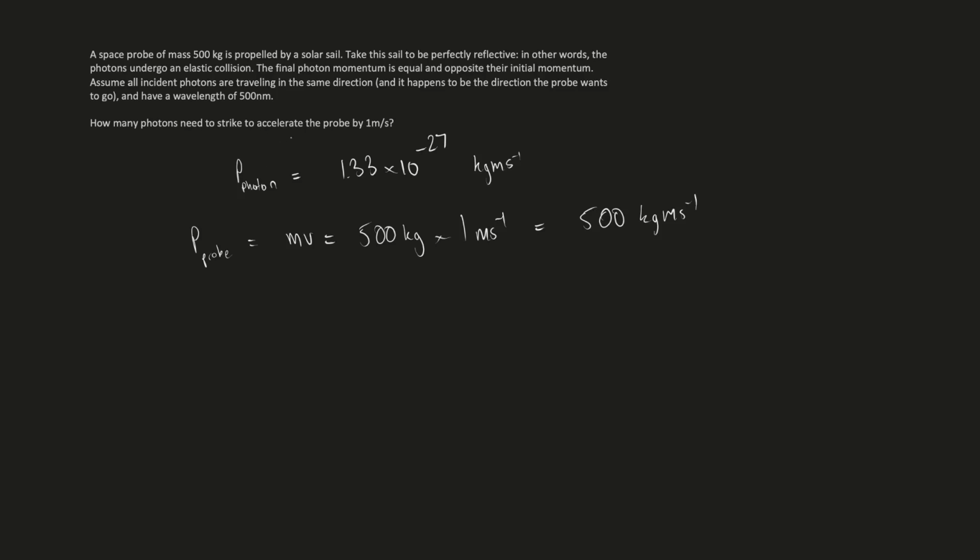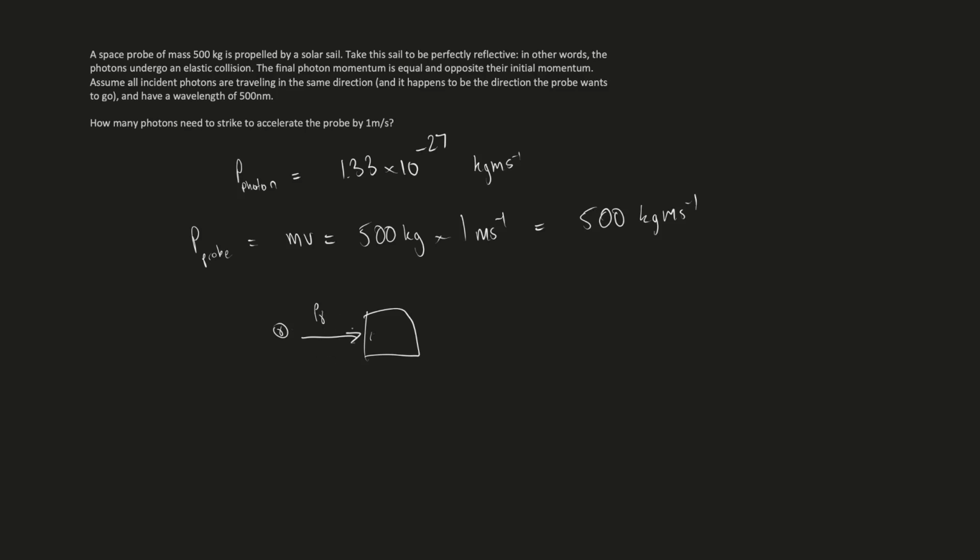Now, there's something very important in this question that you need to pay attention to, and that's the fact that the sail is perfectly reflective, so the photons are undergoing an elastic collision. So what this means is, you have your space probe sitting here, and a photon will arrive, so it'll have some initial momentum, which we'll call p gamma for the photon.